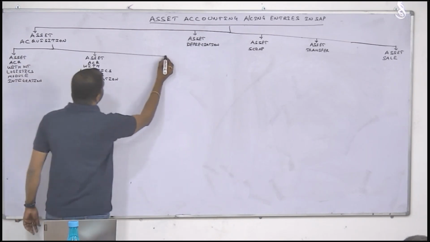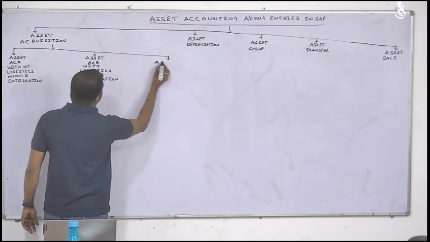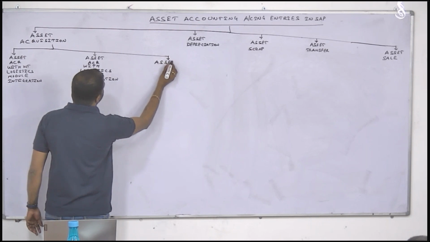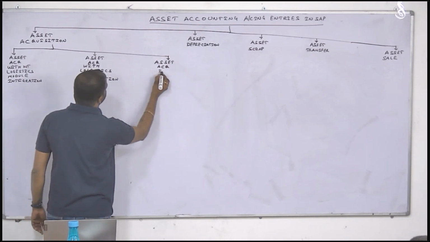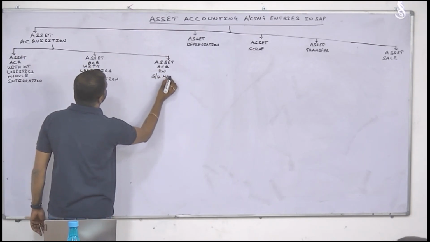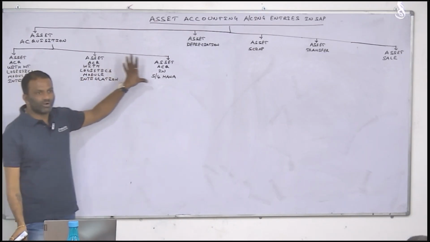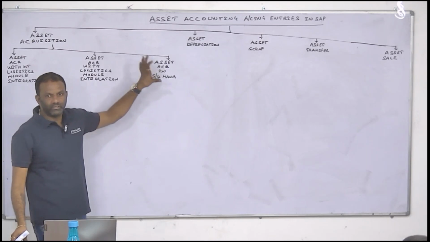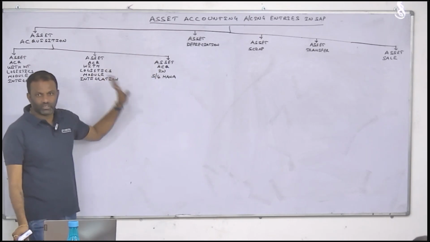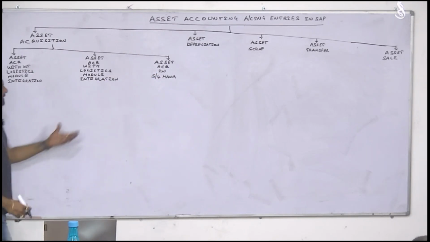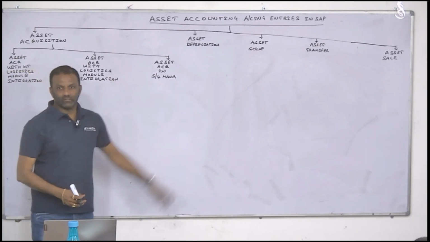Then the third one, which you people just understand at present. After that we will discuss asset acquisition a little bit more technically, that is, how we will post the accounting entry for asset acquisition in S4, because this is the latest one. You people should understand.